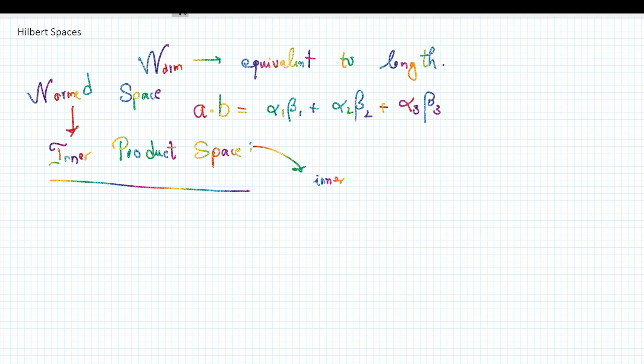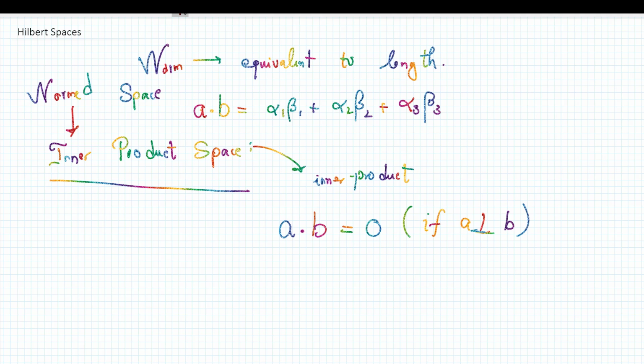Now, when I define an inner product, I have this condition of orthogonality which comes with it, that A dot B is equal to 0 if A is perpendicular to B. So that's the idea behind defining a new kind of space, which is my inner product space.